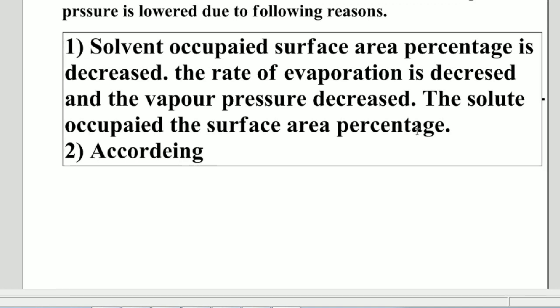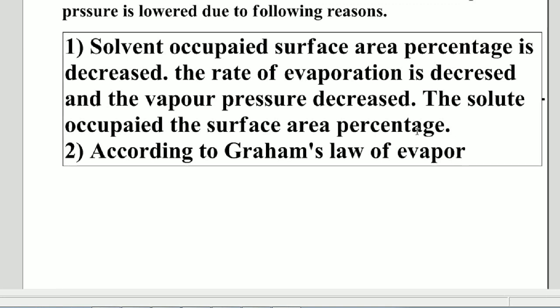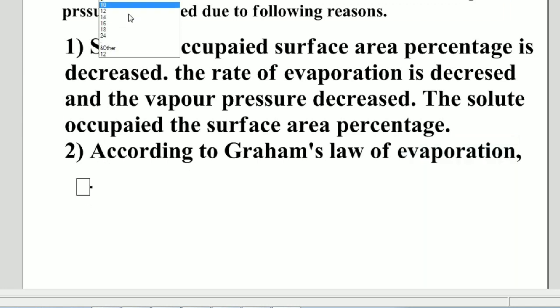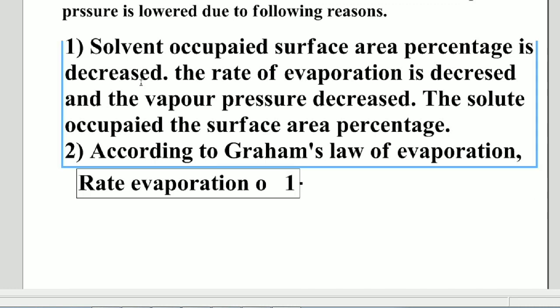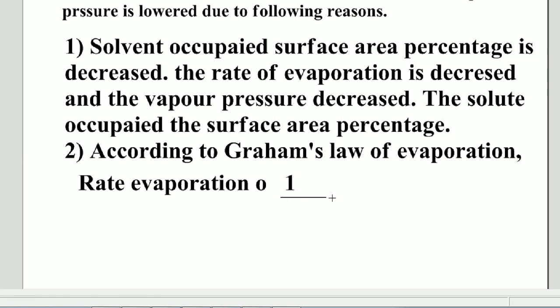According to Graham's law of evaporation, the rate of evaporation is inversely proportional to the square root of density.